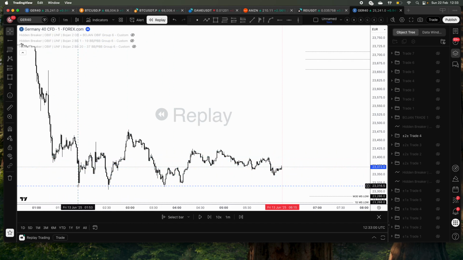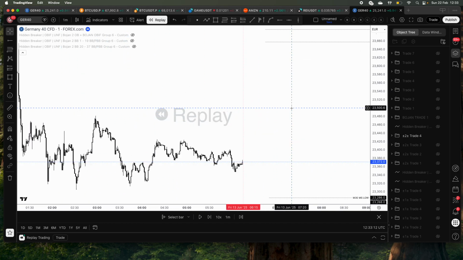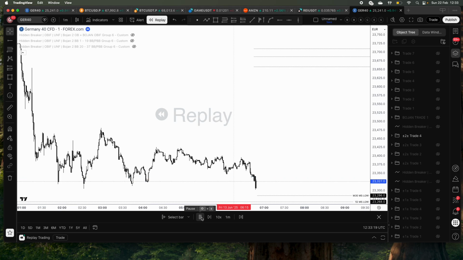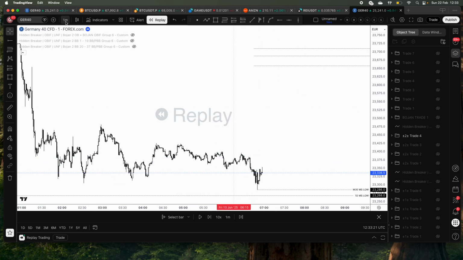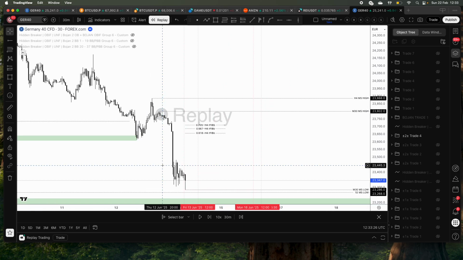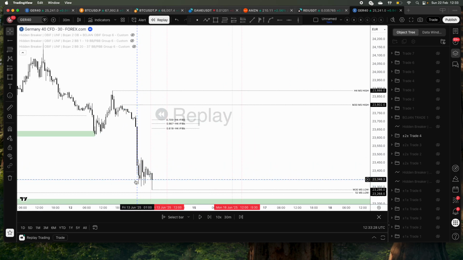So we start here, we swing fail here, but in doing so, we do break our M1 market structure to bullish, but the market does make its way back down to the lows, and as you can see, we do swing fail our 30-minute market structure again. So as you know, from a range point of view, once we've SFP'd our market structure multiple times, we're obviously going to make our way up to the highs.